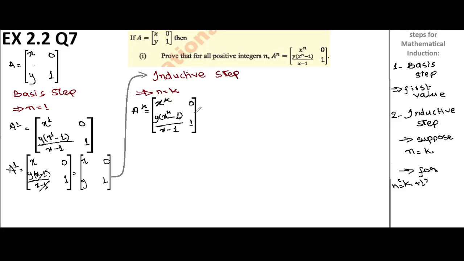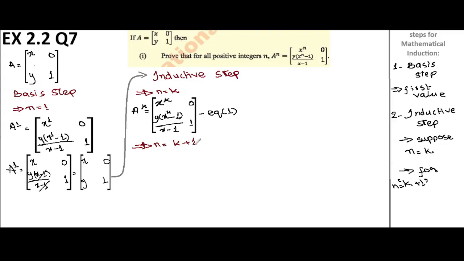So this is what we have supposed, and we are going to name it equation 1 because we are going to use it in the next step where we suppose that n equals k plus 1.